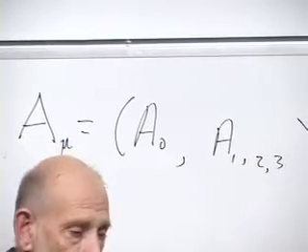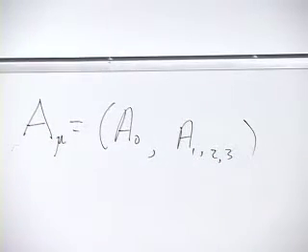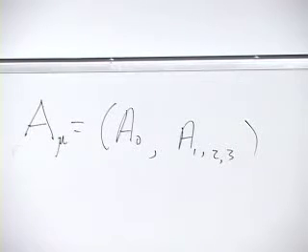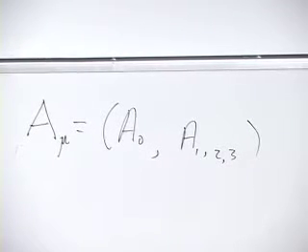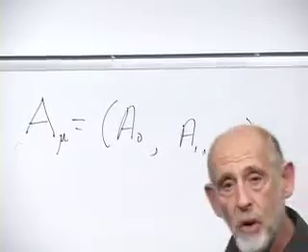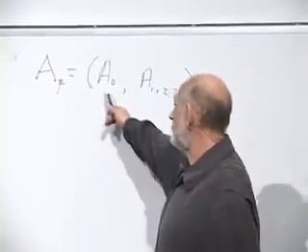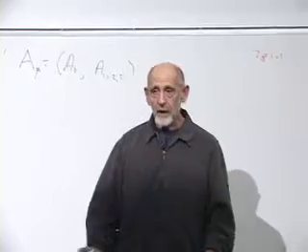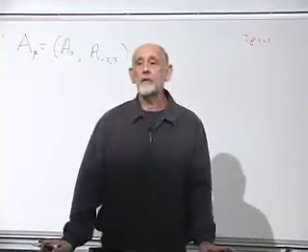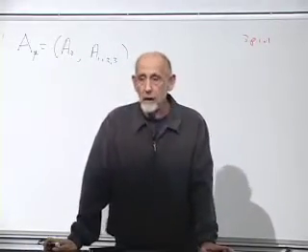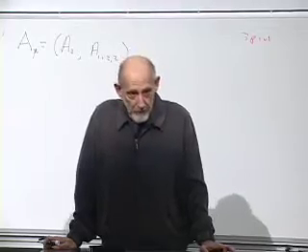Let's not write them out in detail. So it contains a 3-vector and a 4th component, A0. The significance of A0 is that it's the electrostatic potential. It's the thing whose gradient is the electric force.